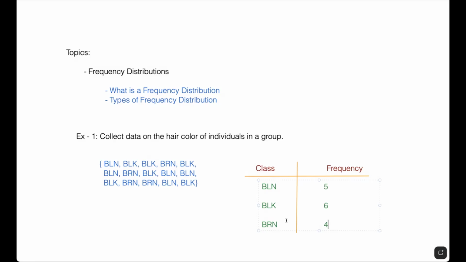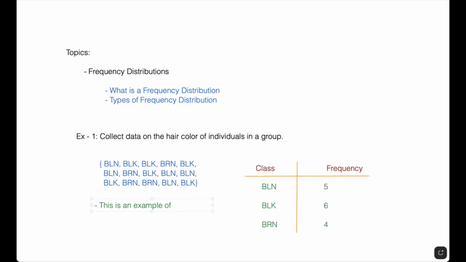Now, in this particular case, the classes are based on attributes or categorical data, right? So this is an example of a frequency distribution. And to be more precise, it is a simple frequency distribution, right?